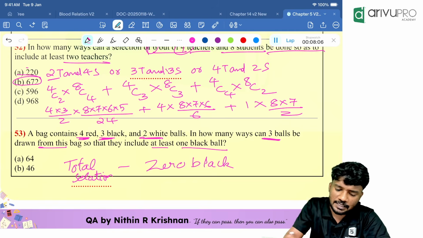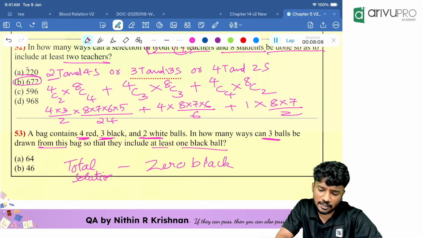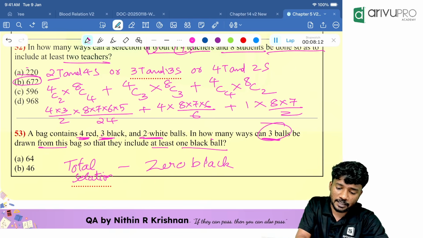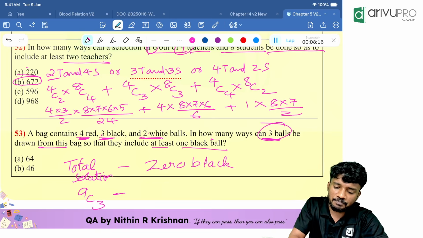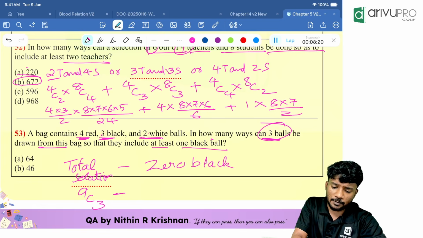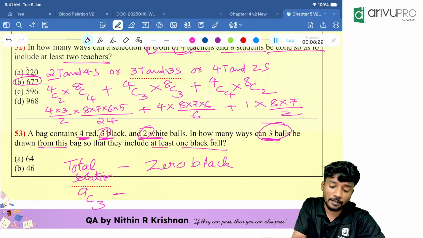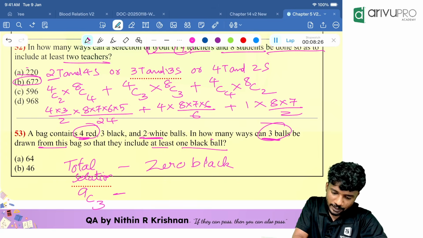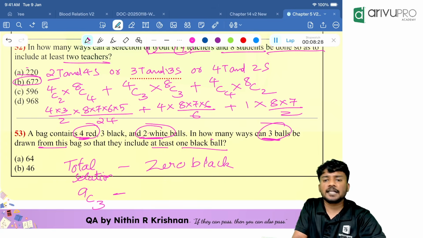Okay, total selection is how much? How many we need to select? 3 balls are to be selected. From how many balls? In total how many are there? 9 balls are there. 9C3 minus 0 black ball means what? 0 black ball means we should select from 4 red and 2 white.